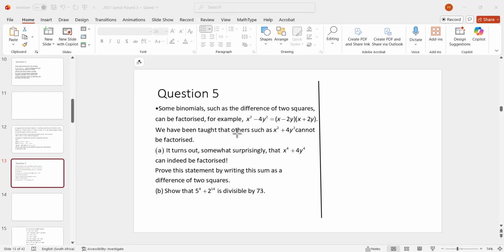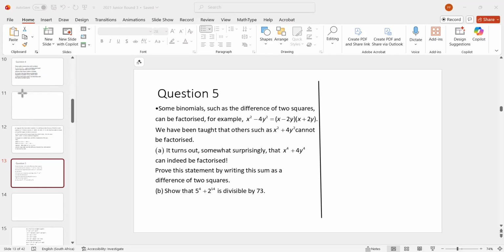So some binomials, such that the difference of two squares can be factorized. Now we know that x squared minus 4y squared is x minus 2y into x plus 2y. But we have been also taught that the sum of two squares cannot be factorized. Right? Like this cannot be factorized. And that is true in that case.